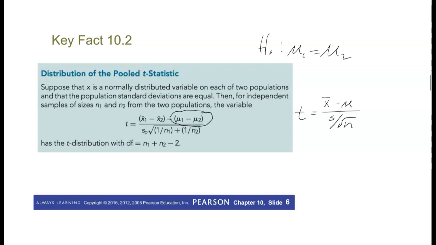If we start with that assumption, this kind of disappears, doesn't it? Because we would have 0 minus 0. So ultimately, your formula for our pooled t-test starts to look like this without the mu1 minus mu2 because it's simply not needed.